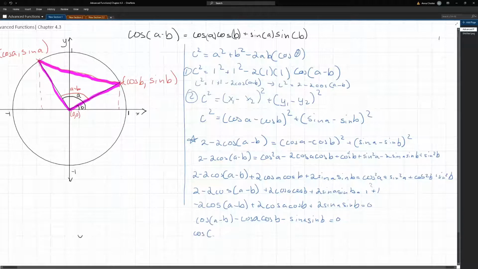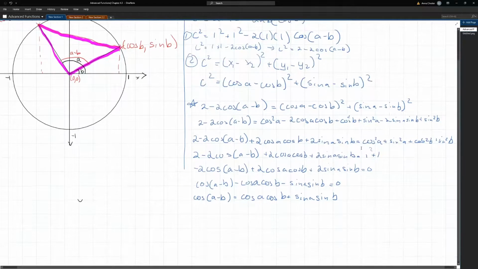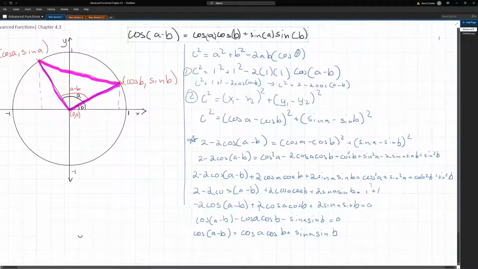Now our last step is to just isolate cos(A minus B), and we just move these two values to the other side, and what we get is cos A cos B plus sine A sine B. So does this seem very similar to what we found? It should be, because it's the exact same thing. So using this wonderful diagram, we have found out that cos(A minus B) is equal to cos A cos B plus sine A sine B.